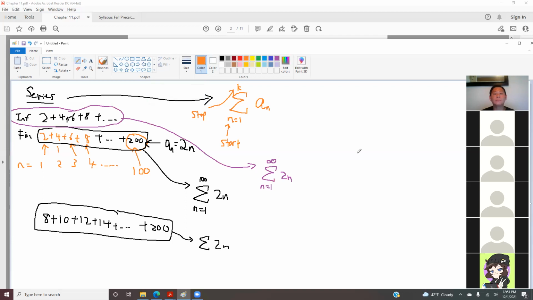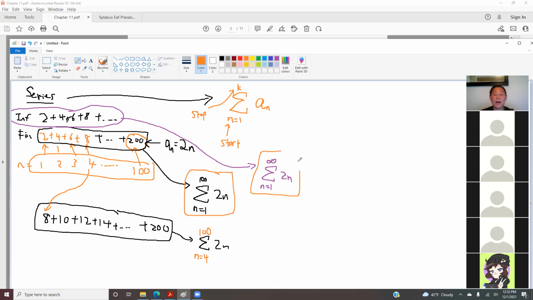So would 200 be on the top? No, you don't add till 200. So you'll be 100 on top. Okay. And you start from where? 4. Yep. Okay, so you divide everything by 2. Now this only happens when you have what? 2, 4, 6, 8, 10, right? Yeah, so this is how we do this kind.